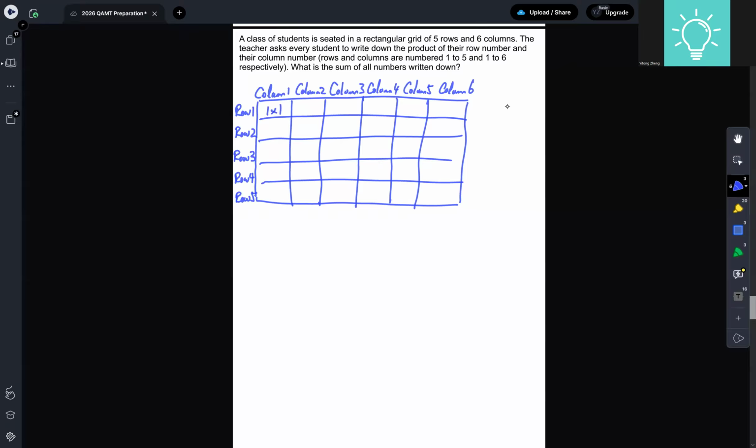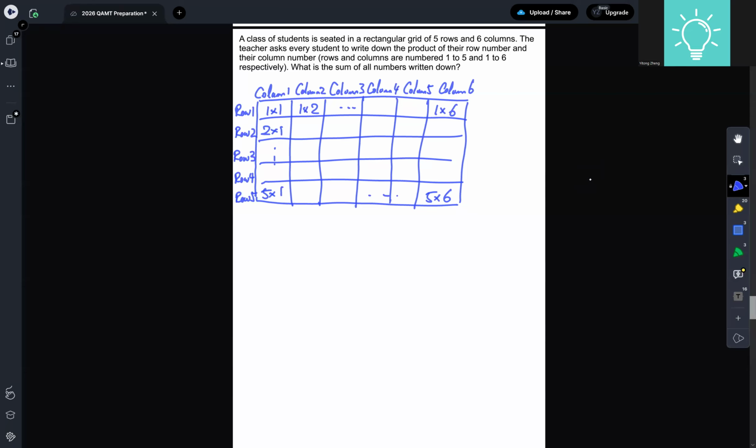So 1 times 1, 1 times 2, all the way to 1 times 6, and then of course 2 times 1, and this is 5 times 1, all the way up to 5 times 6. What is the sum of all numbers written down?